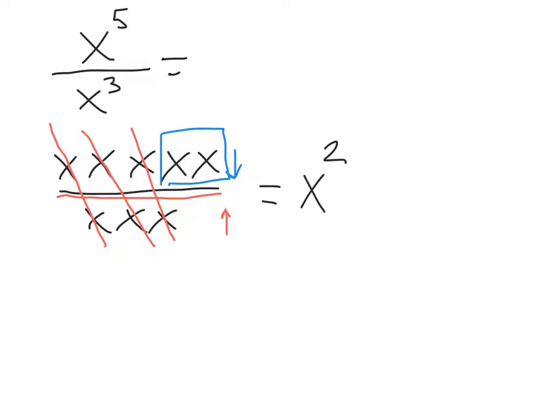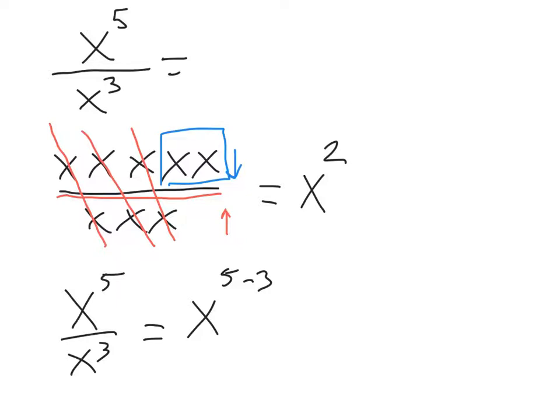If you don't want to draw it out like that and show the battle scene, there's another way you can do it. For x to the 5th divided by x cubed, you can just say that it's x to the 5th minus 3. Because that's what we did, right? We ended up with 2.